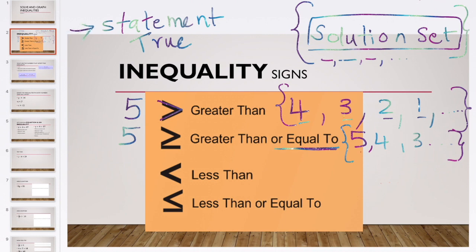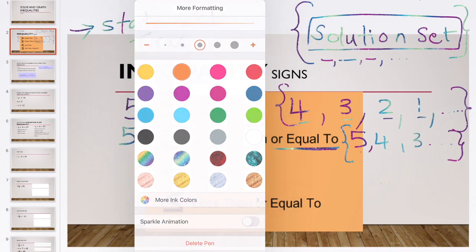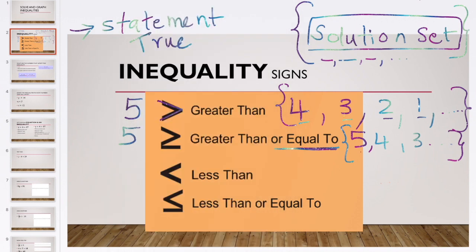Let's do a quick example again. So 5 again is less than, I could say 6 and 7 and 8 and dot dot dot curly brackets. Now I have a solution set because that's what actually would make this statement true.